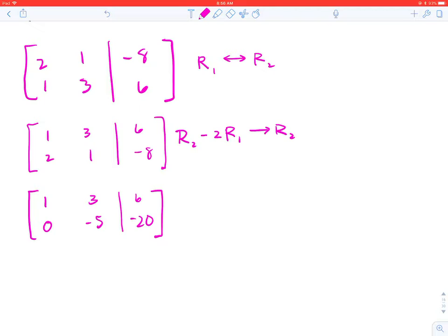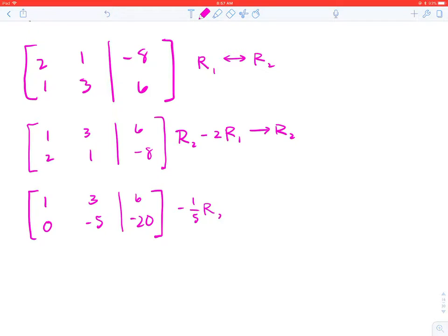To finish getting this matrix into row echelon form, I want this negative 5 to become a positive 1. So I'm going to multiply row 2 by negative 1/5. You think of it as dividing the row by negative 5, or multiplying by negative 1/5, because you're using the multiplication property of equality.